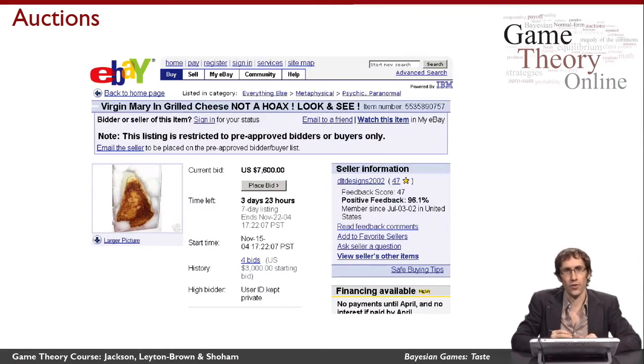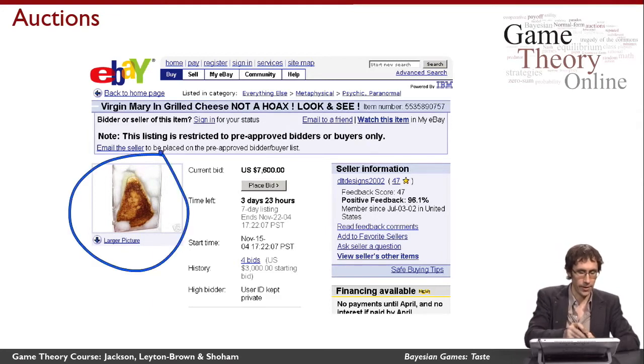Of course, not all auctions happen in person. Here's a famous auction that occurred on eBay a few years ago. This was a situation where a woman in Florida was eating a grilled cheese sandwich that she had made for herself. You can see a picture of it right here.